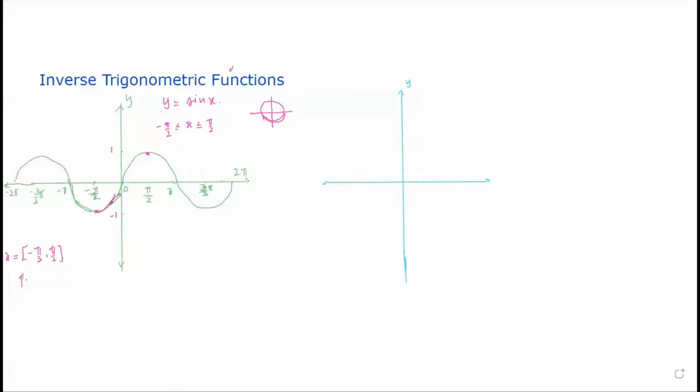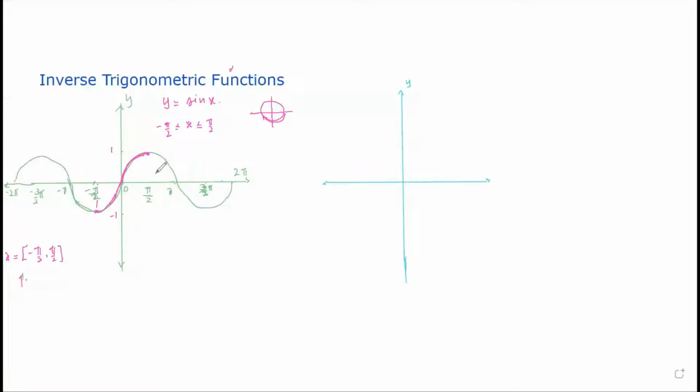Okay, so that means we restrict from here. I drew it on a graph. This one, okay. So the pink curve here is the restriction for the domain of sine x, which is going to have the inverse function. So that means from here to here, right?